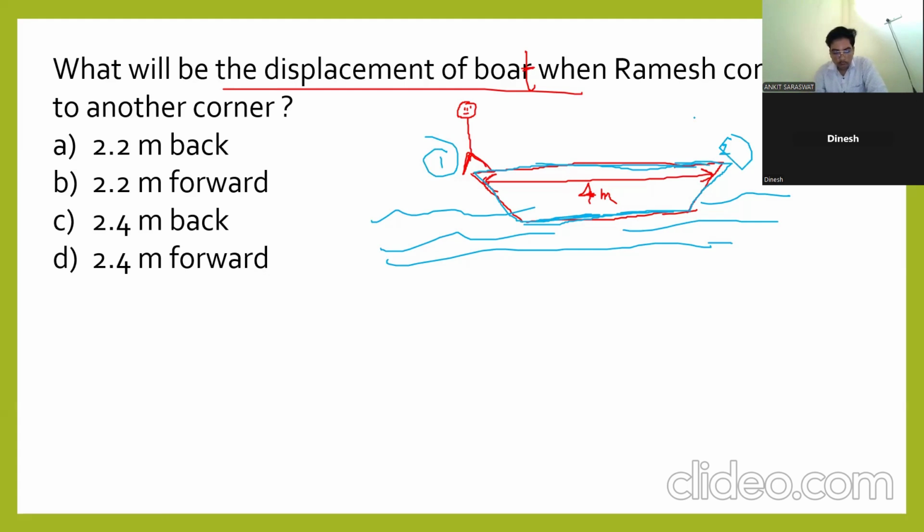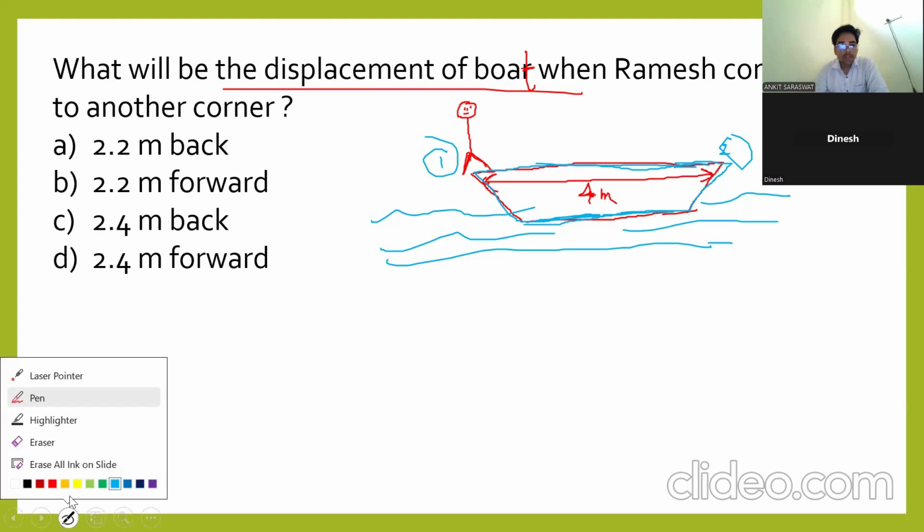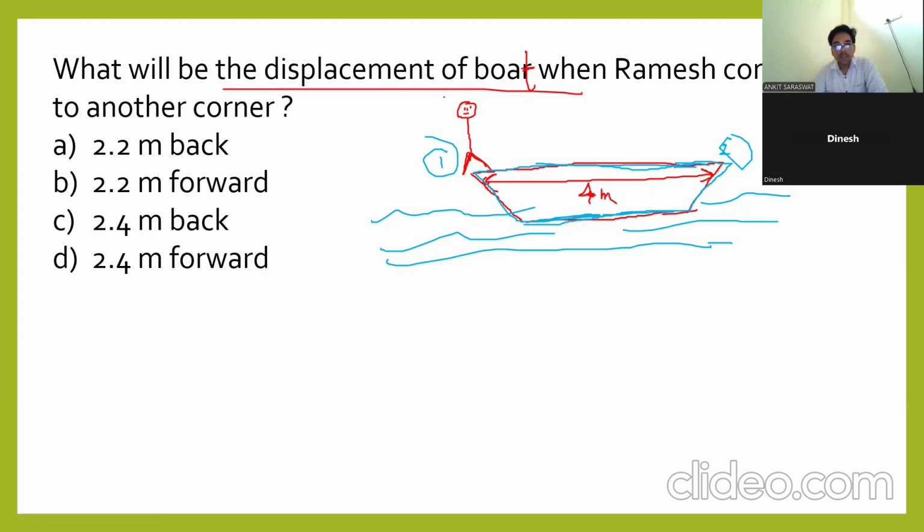Listen, one more thing: initially the person is at rest. If a person is initially at rest, what is the meaning of that? The system here is the person and the boat. I have taken this as my system. Initially, everything is at rest.